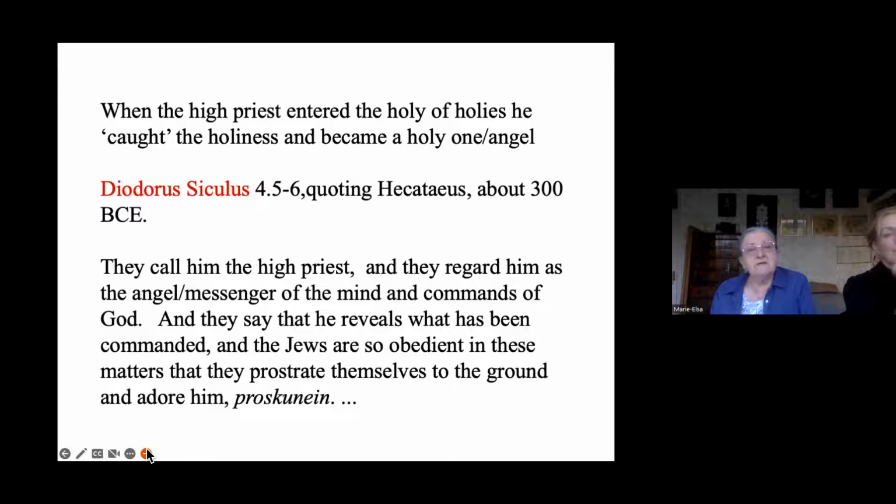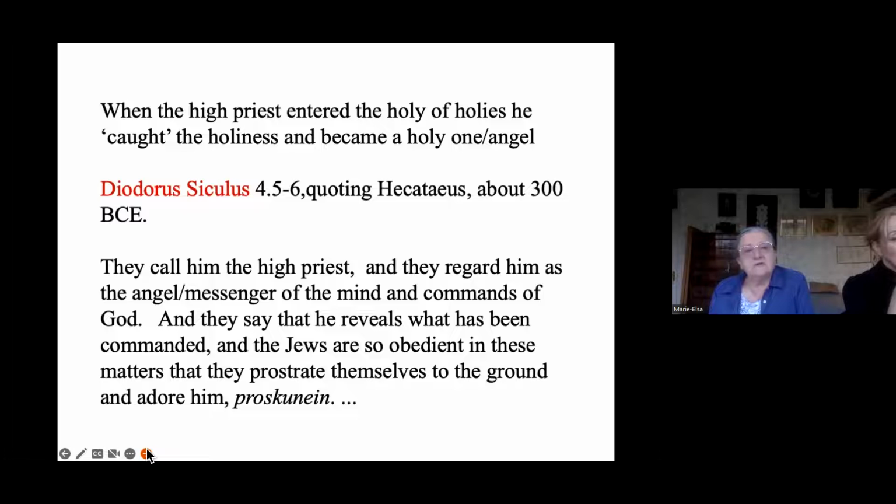And there is a very famous quotation from Hecataeus, and he wrote this about 300 BC, and it's only survived in Diodorus the Sicilian. He's describing the temple in Jerusalem as he knew it, 300 BC. And he says of the high priest, they call him the high priest, and they regard him as the angel messenger of the mind and commands of God.